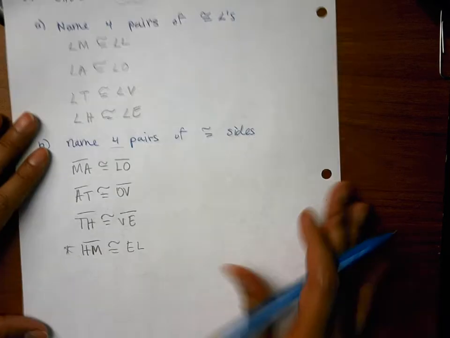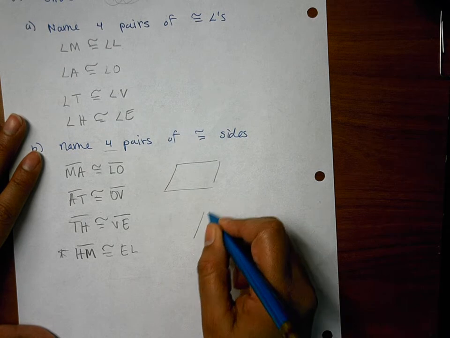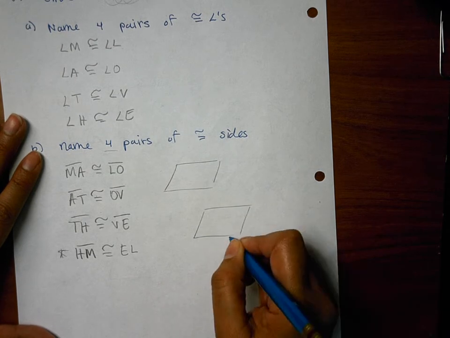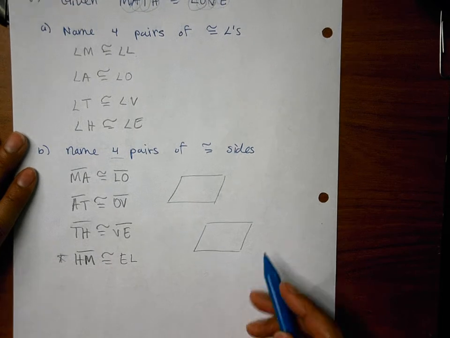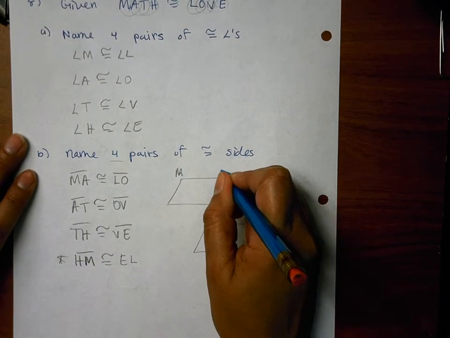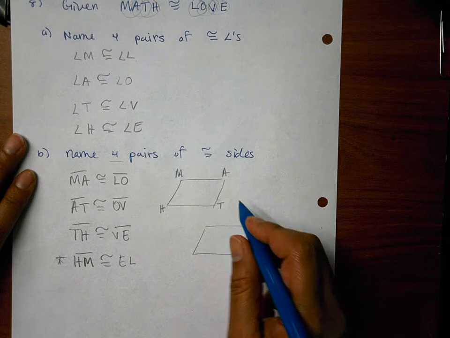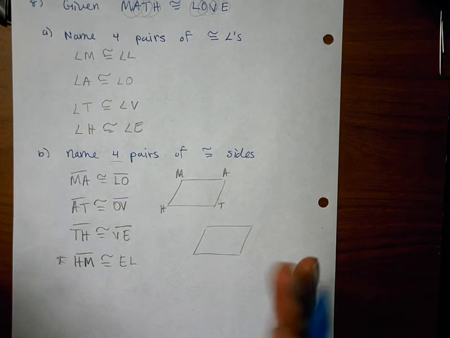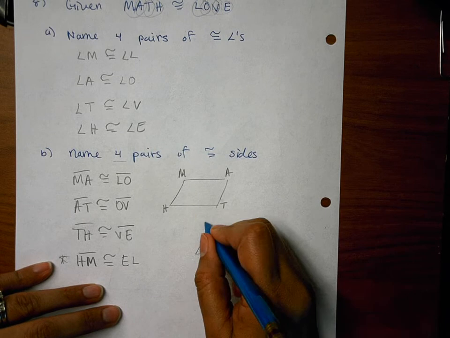And I will show you how that one works right now with the picture in case that did confuse any of you. All right, I'm just going to draw a quadrilateral. It doesn't matter what this quadrilateral looks like as long as they look somewhat the same. Okay, so I'm going to have M, A, T, H, and I have to go in the same order here if it's not being reflected.